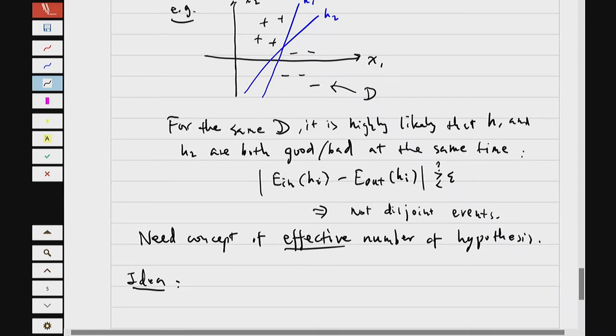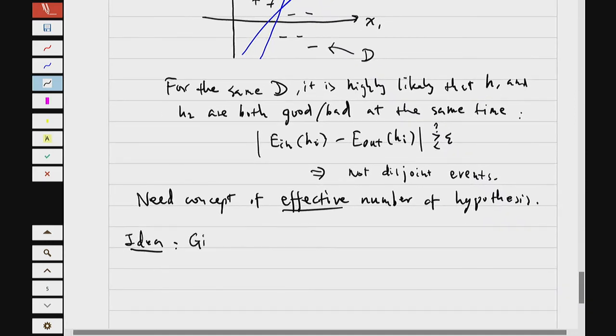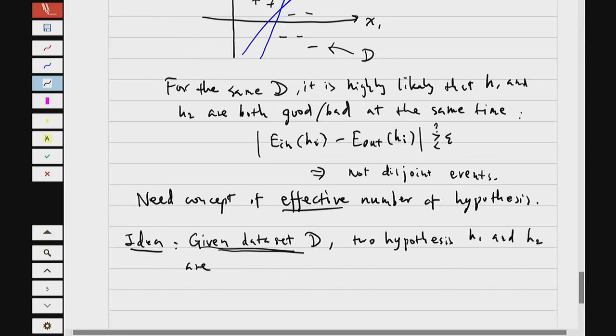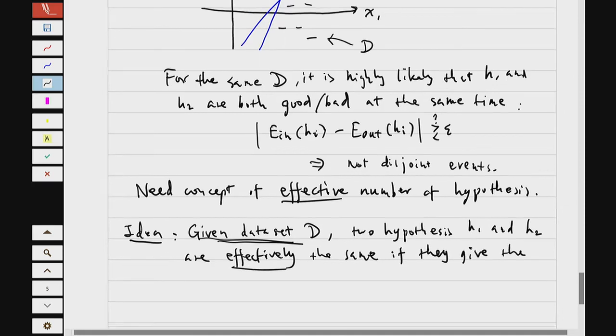So the main idea is, given the data set D, we say that two hypotheses, let's say H1 and H2, are effectively the same if they give the same labels, even though the parameters W and B are different.